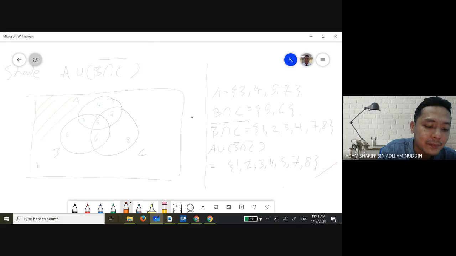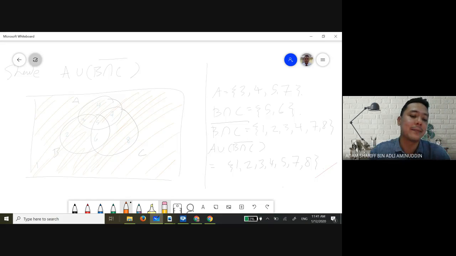Kecuali 6. So make sure you don't shade the region 6. Kecuali 6. Kalau you tanda satu titik kat 6, saya nampak anda terus salah, ya.